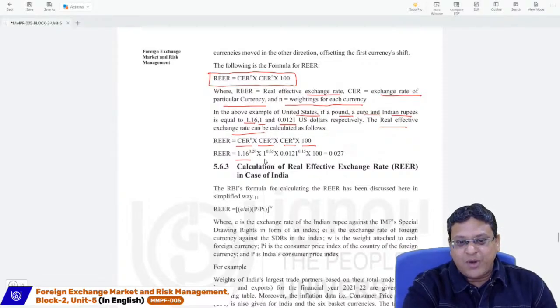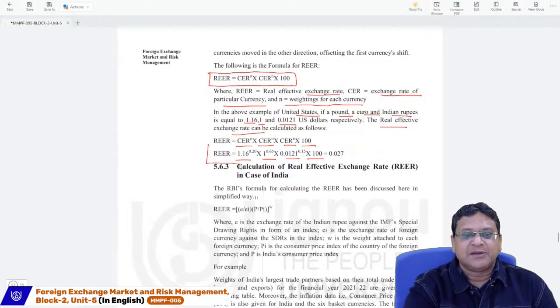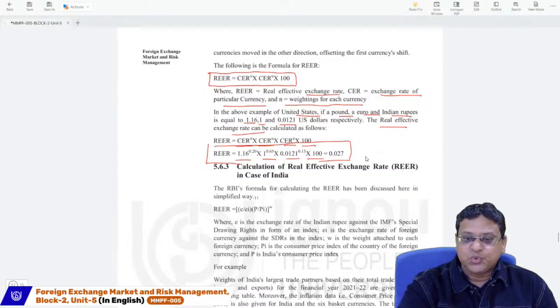Second country's exchange rate is 1 and its weight is 0.65. Next, third country's exchange rate is 0.0121 and its weight is 0.15. We have to multiply this and multiply the whole with 100 and we will get the value of REER. REER is equal to 0.027.